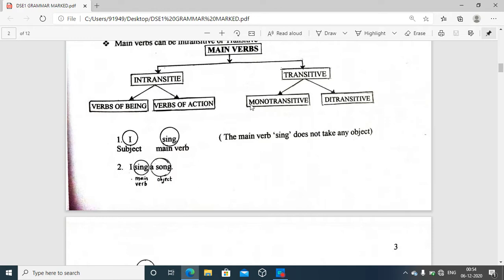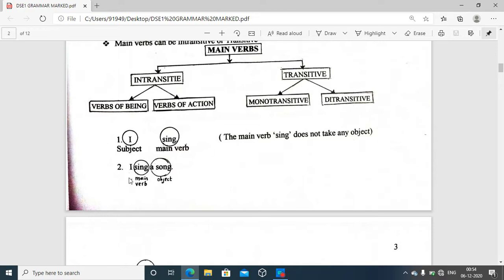Okay, monotransitive means only one. Mono means one. A main verb which takes an object is called a transitive verb. If it has only one object, it is a monotransitive verb. If it has two objects, then it becomes ditransitive.